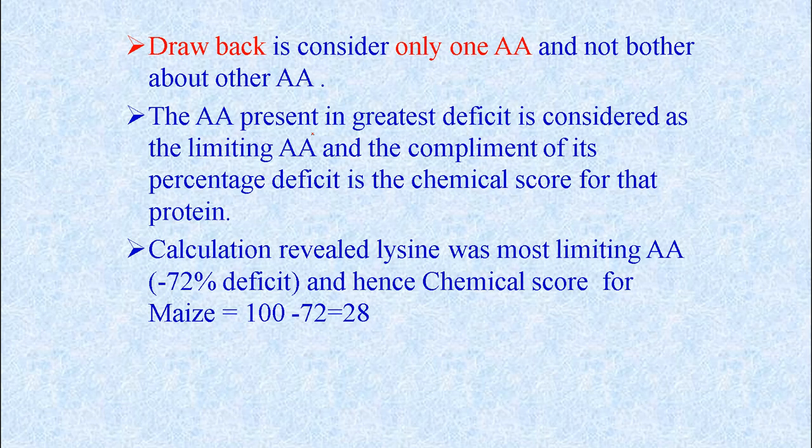Calculation revealed that lysine is the most limiting amino acid in most feed ingredients, and hence there is a huge deficit of 72%. Hence, the chemical score of maize is equal to 100 minus 72, just 28%, from this particular formula.